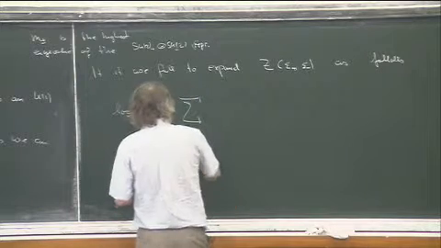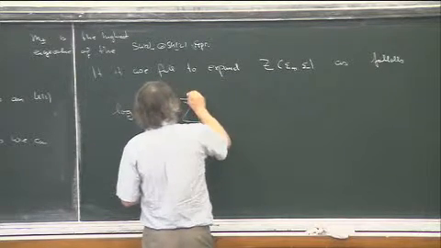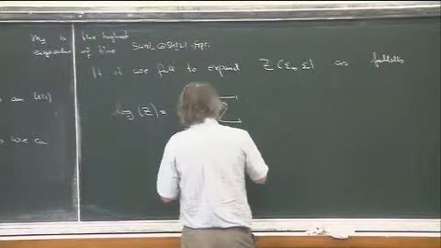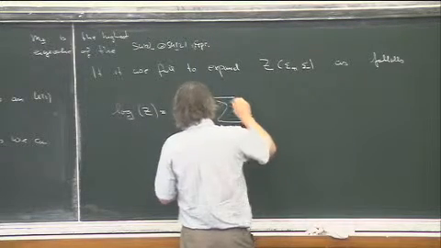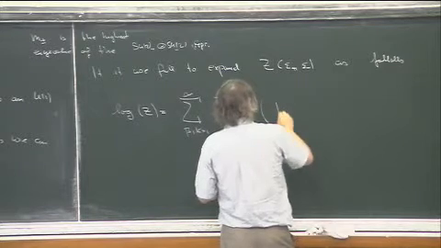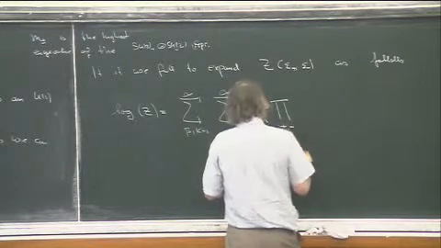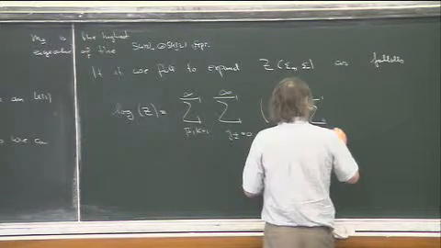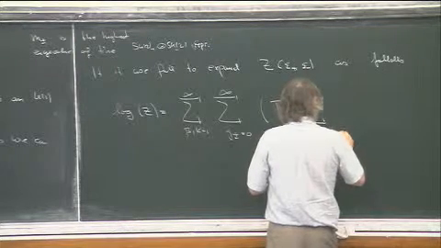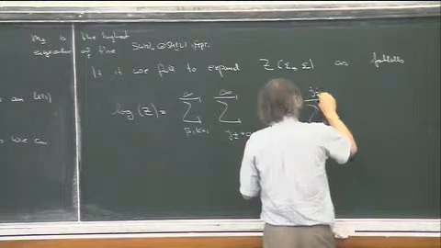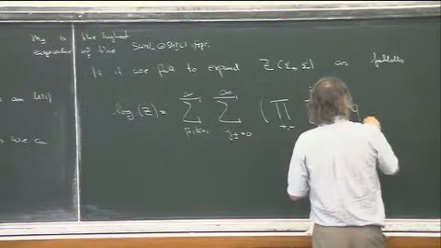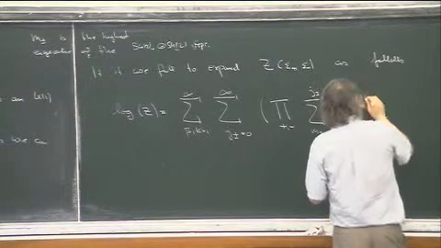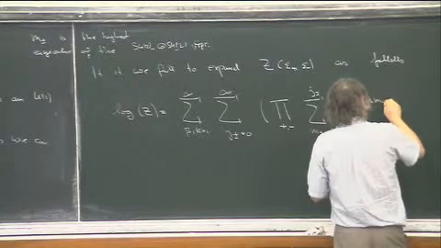The sum goes over beta, k equal 1 to infinity, and then over this j plus minus from 1 to infinity, and then there is the product over plus as well as minus, and then a sum over m plus minus equal minus j plus minus to plus j plus minus, and then q to the 2km plus minus.